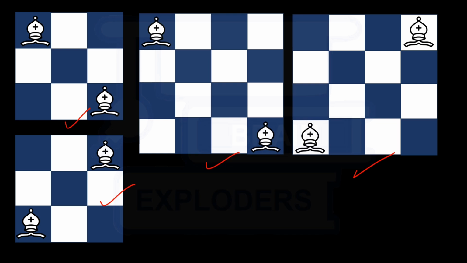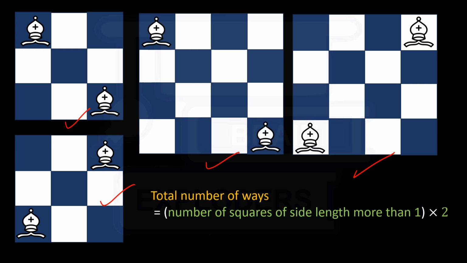So now what we have to do is count the number of squares, but there is a condition that side length should be more than 1, because if there is only one square, then obviously two bishops cannot be placed on that. So we don't have to count this square of side length 1, right?